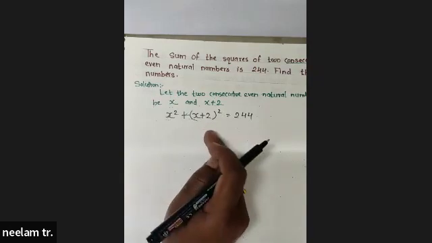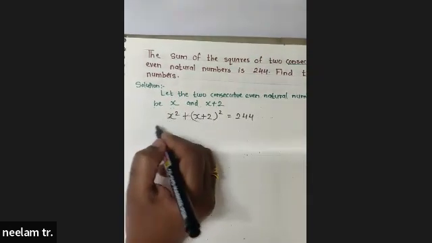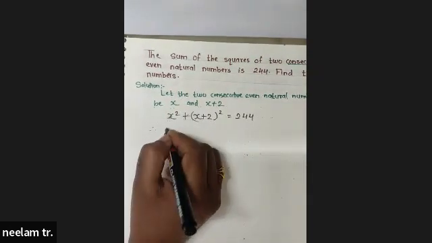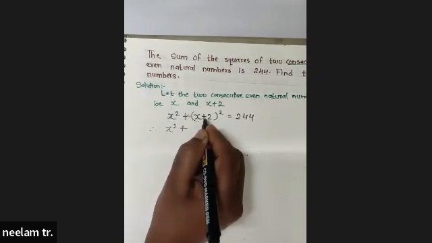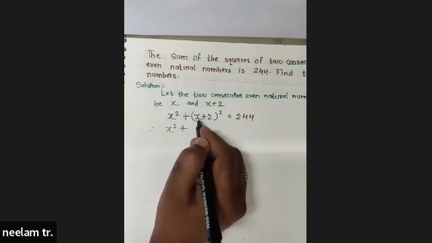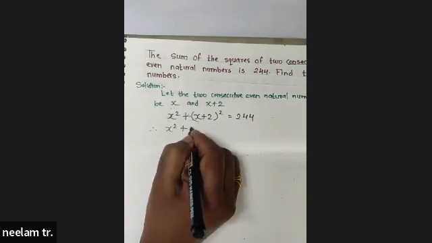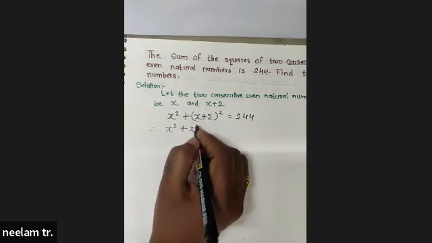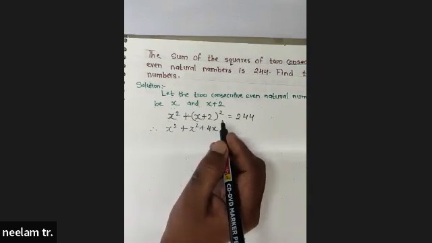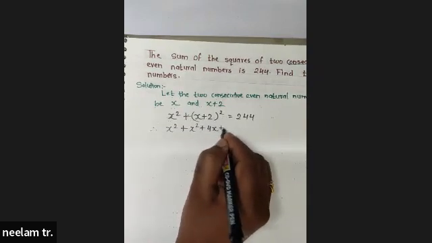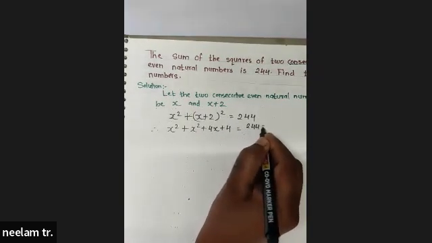Now solve this. x square plus x square plus 4x, that is 2ab, 2 times x times 2, 2 2s are 4, plus 4, equal to 244.